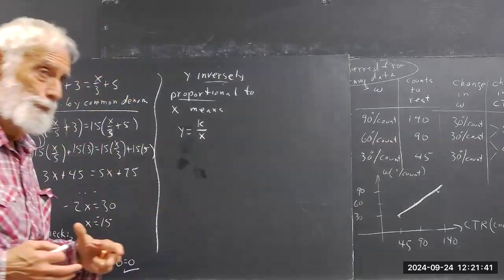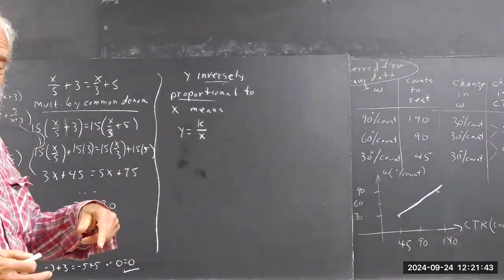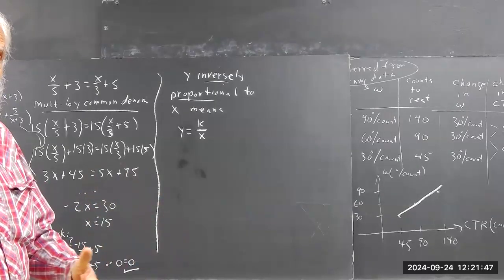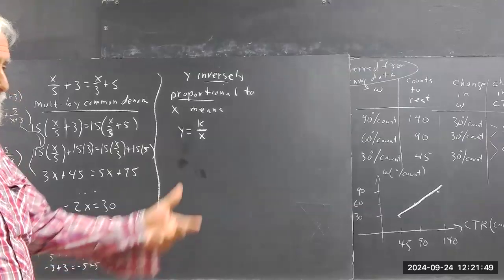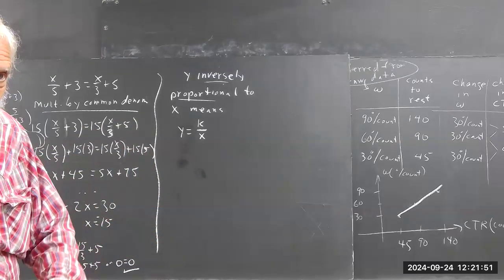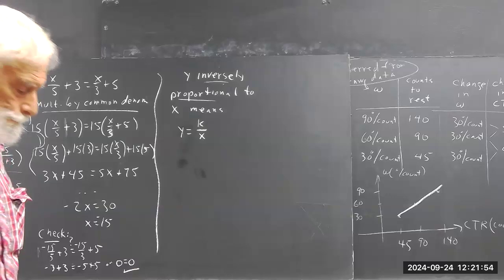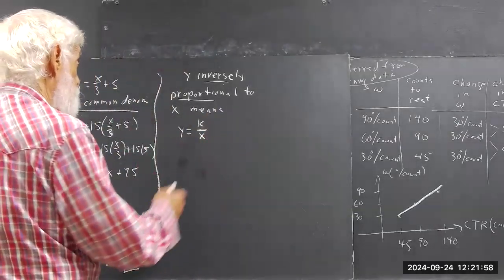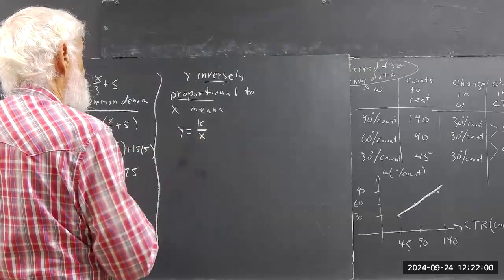You have two gears, one with more teeth moves more slowly than one with fewer teeth. More teeth means more slow. Increase the number of teeth, speed decreases, or the rotational rate, the angular velocity. So anyway, you get Y equals K over X.